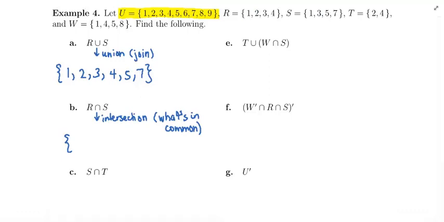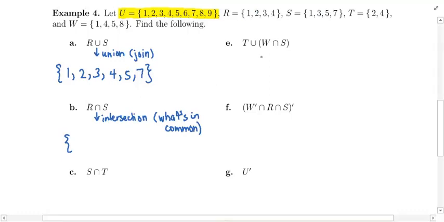We're only going to write down what is in common to both R and S. We know the 1 appears in both R and S, so that's a common element, so write that down. 2 appears in only R. 3 appears in both, so that's another element I'm going to write down. Then 4 is only in R, and 5 and 7 are only in S. So here is my new set. The intersection of the 2 sets is the set 1, 3.